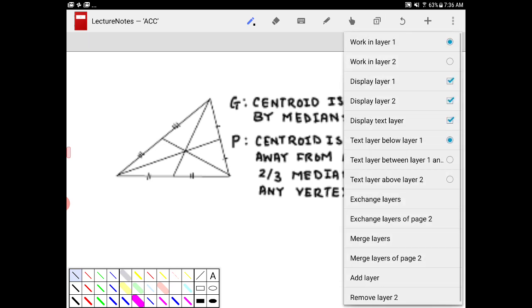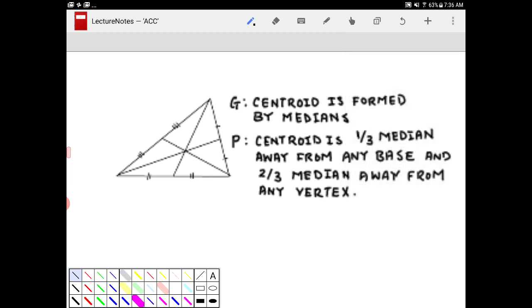A vertex is the corner of a triangle, and the line is drawn from the vertex to the opposite base, such that the line you draw, in this case the line highlighted in yellow, bisects the opposite side. The opposite side has to be bisected. The very definition of what it means to bisect something is to break something into two equal parts.